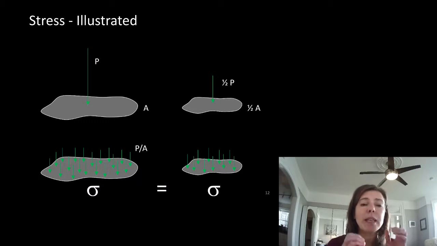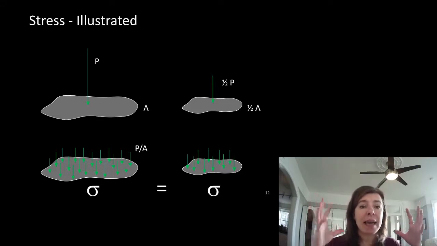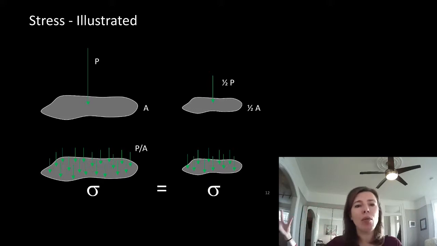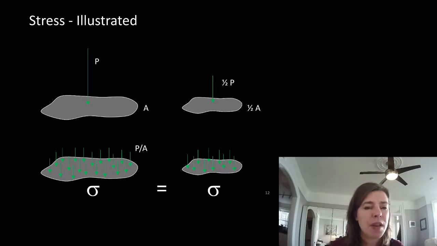All of a sudden, we can talk about the material almost independently of the things that are happening around it. We can take the big thing, break it down, talk about it very easily, and then go back to talking about the big thing. And that's important because buildings and these objects we're talking about are massive.